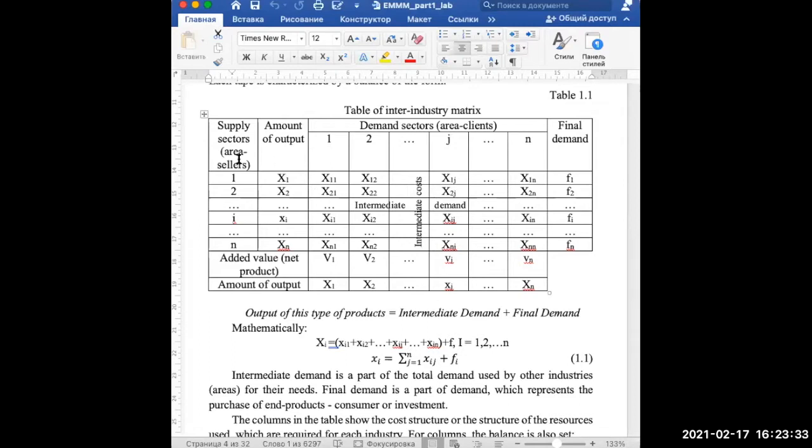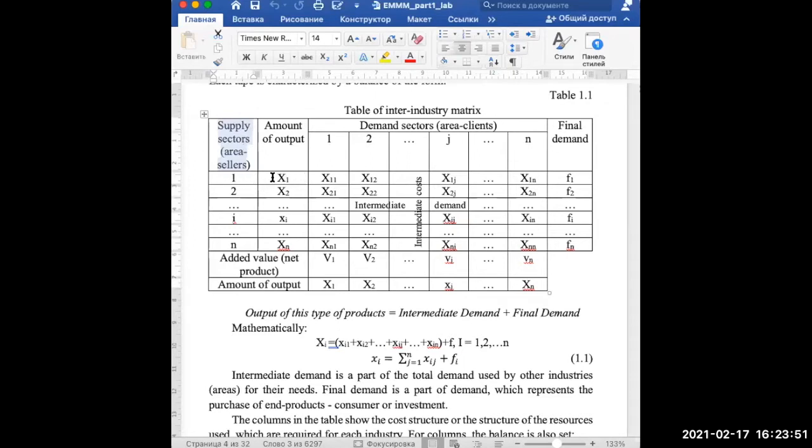So we have our suppliers. These are branches which make deliveries to other branches and to our final consumers.